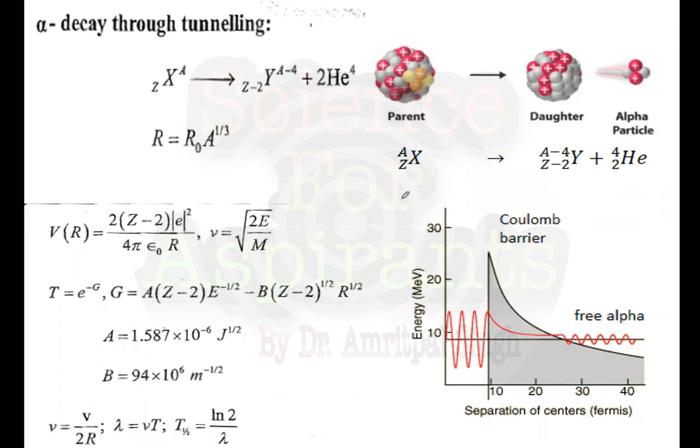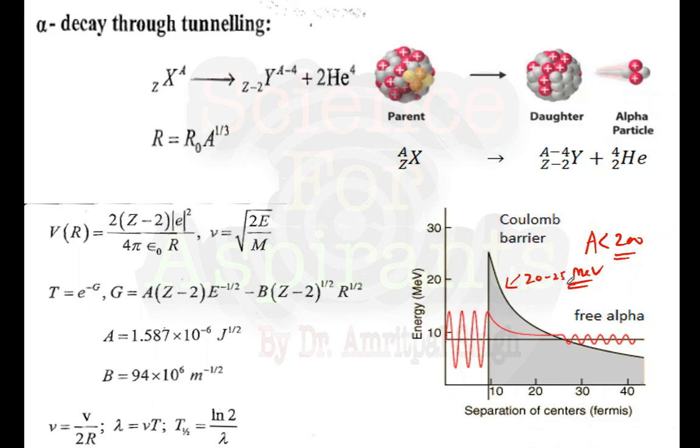The height of this penetration barrier for atomic nuclei whose mass number is less than 200 is about 20 to 25 MeV, while the alpha particles emitted in nuclear decay have a typical energy of about 5 mega electron volts.